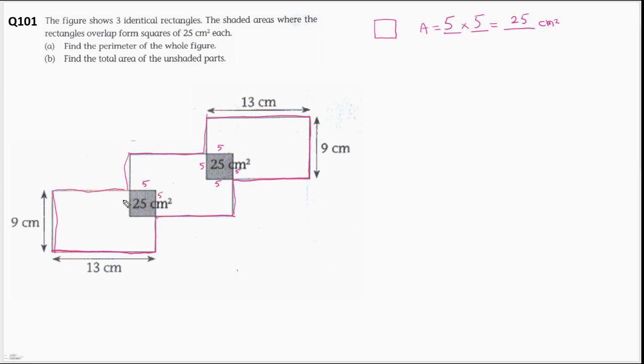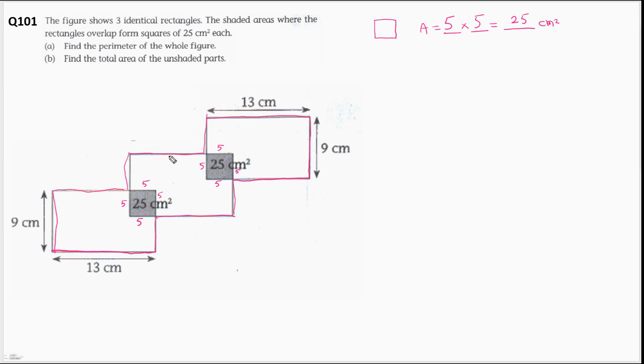And that is going to help us a lot. Okay, so let's look up here. We know that this length is 13. And if this length is 13, then from here all the way to here must be 13.